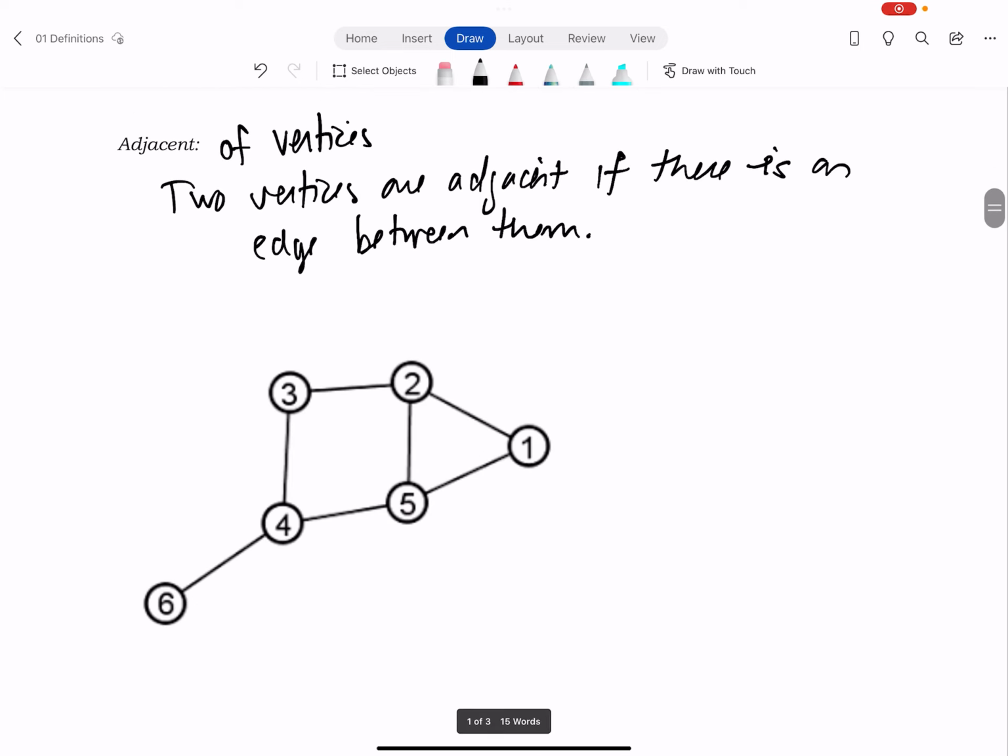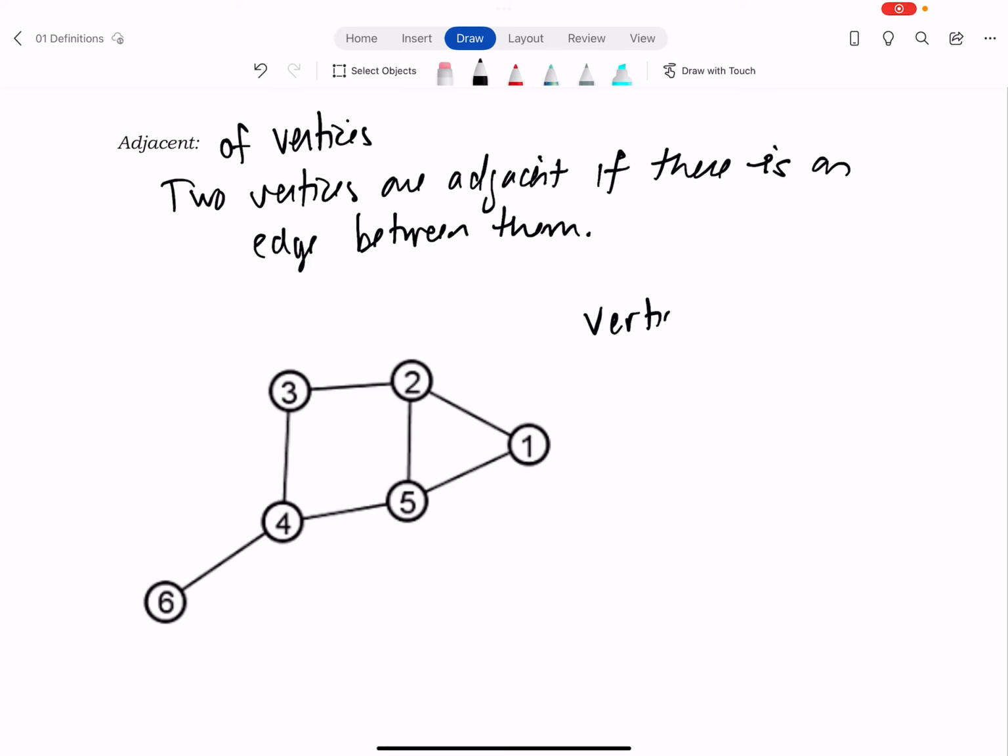So here's an example of a graph, and let's talk about some pieces of this graph. So the vertices, and we list these as a set, are 1, 2, 3, 4, 5, and 6.